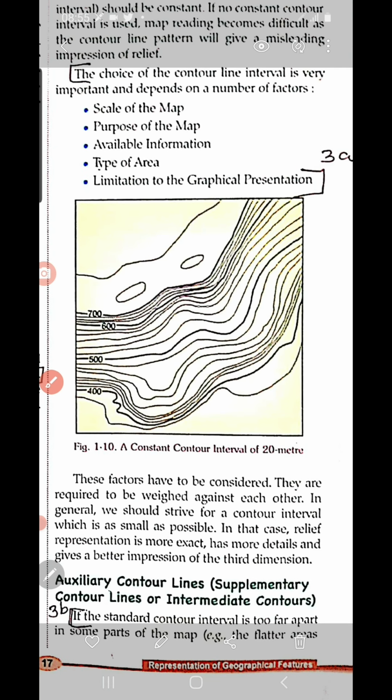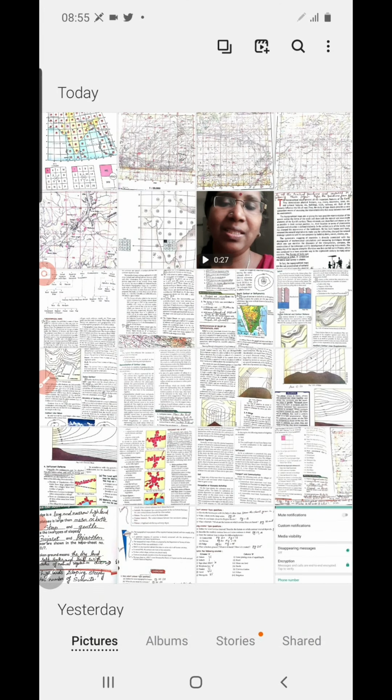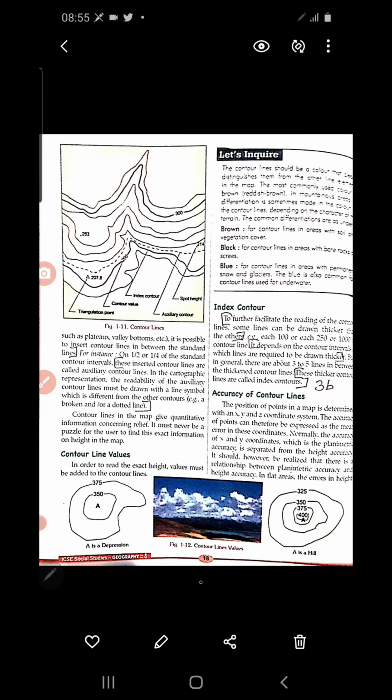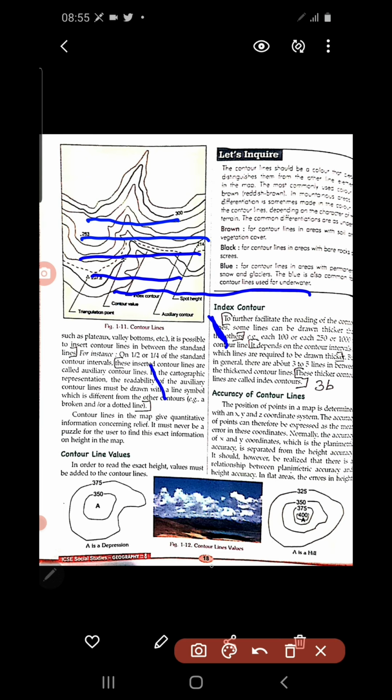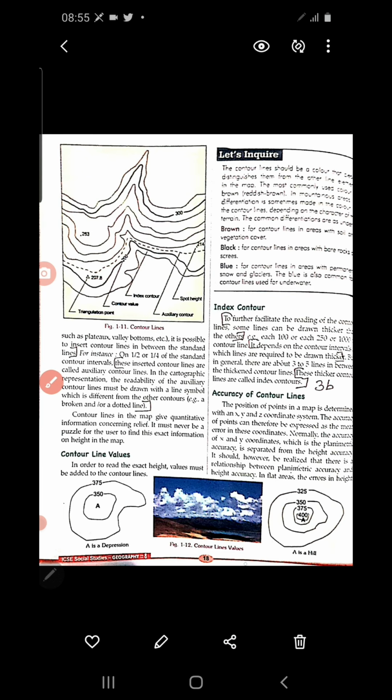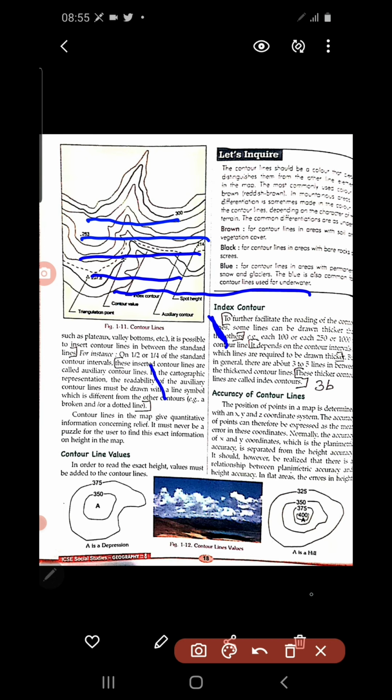Next we have to discuss auxiliary contour lines. Two types of contour lines we have to discuss, the auxiliary and index contours. Let us see that on the next page. Now what is an auxiliary contour?